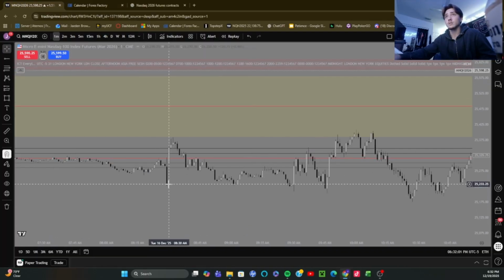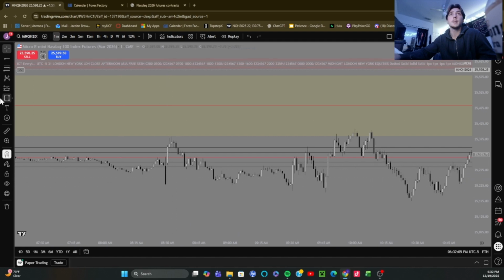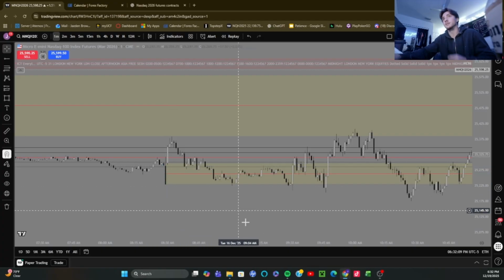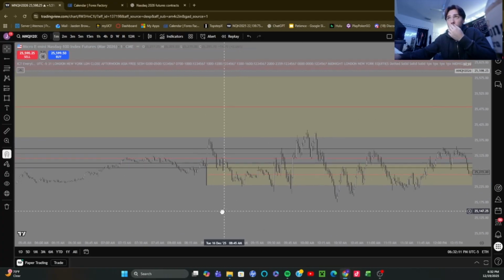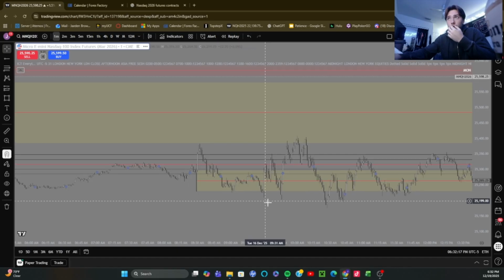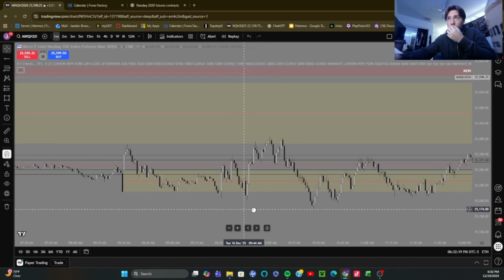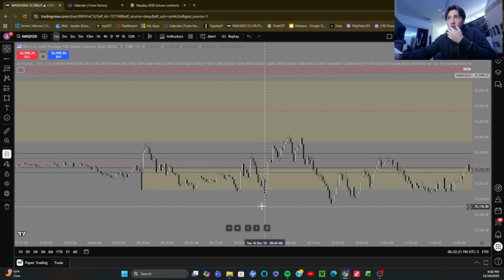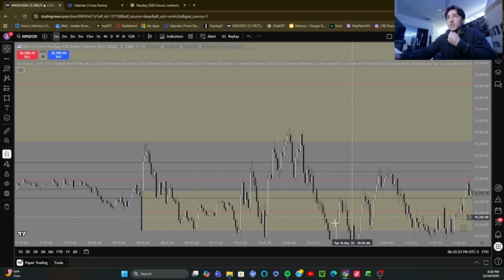So 8:30 news shot price up so much that we created a volume imbalance here, right there. And then that's just 8:30. So 8:30 there and 9:30. Bang, right there. Cool. So 9:30 takes out liquidity and starts running higher.